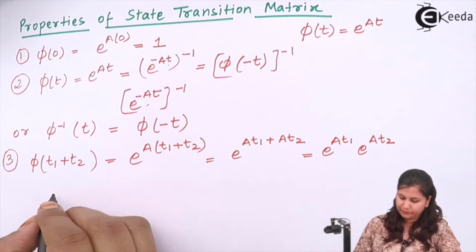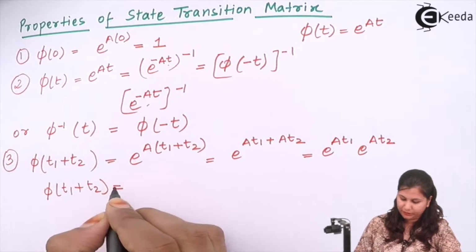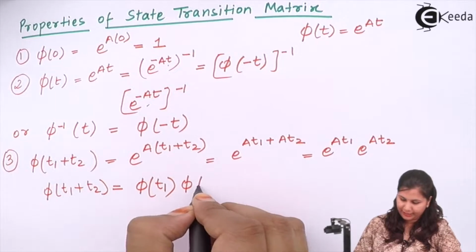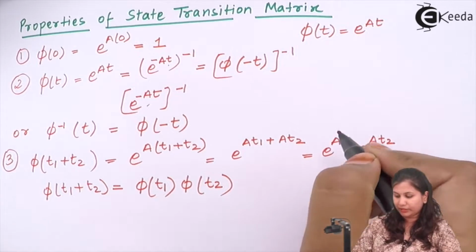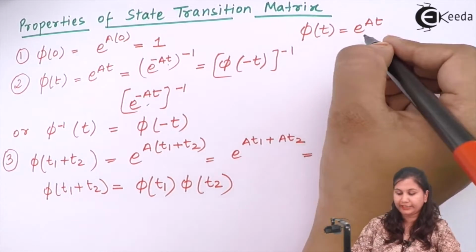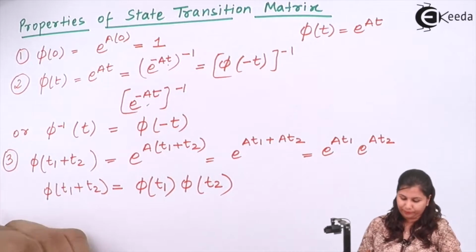So phi(t1 plus t2) will be equal to phi(t1) times phi(t2), because e raised to the power At1 is phi(t1), and e raised to the power At2 is phi(t2). So we have this expression.